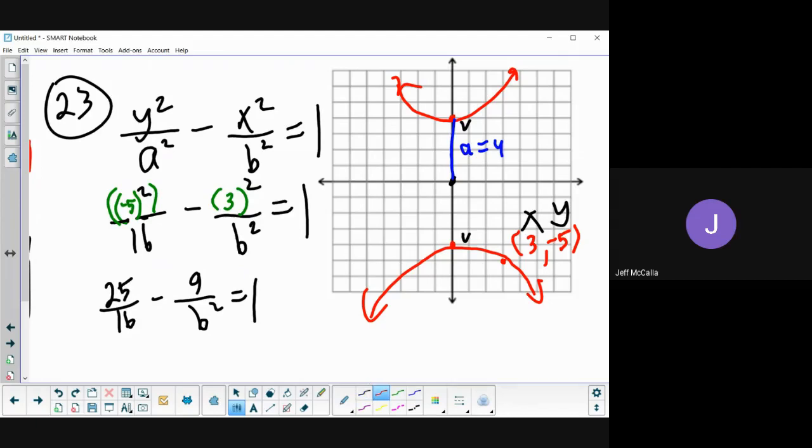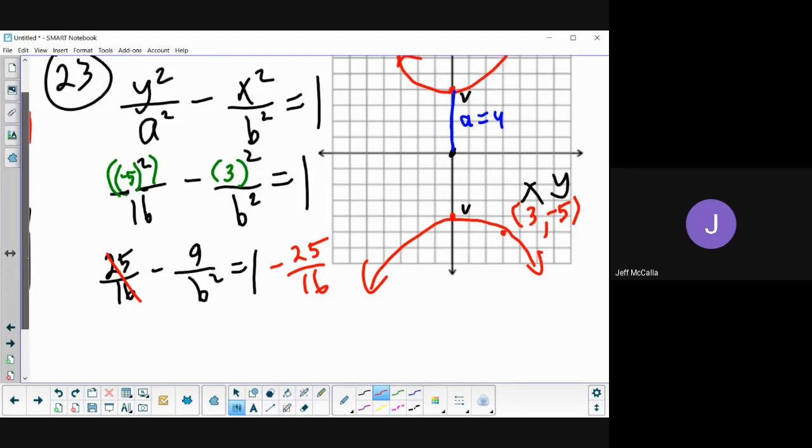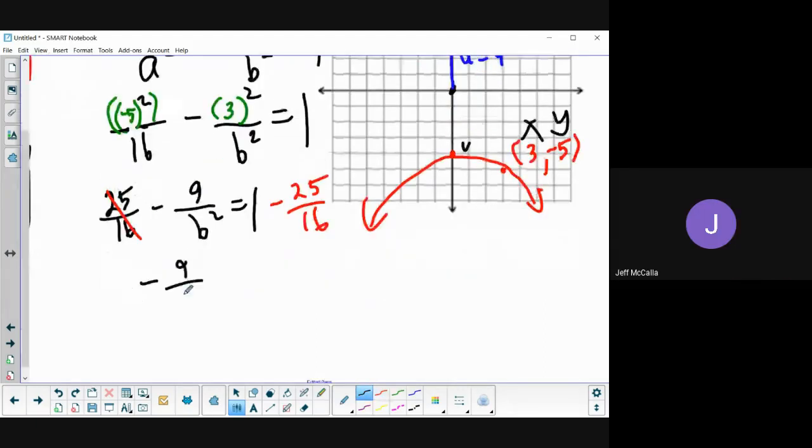So now it's just a matter of solving this for b squared. I would probably subtract the 25/16 from both sides. And so you'd get negative 9 over b squared equals, that would be 16 minus 25 up in the numerator if you multiply that 16 over 16.